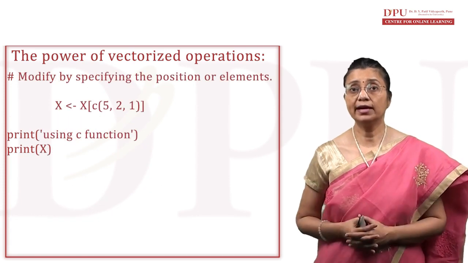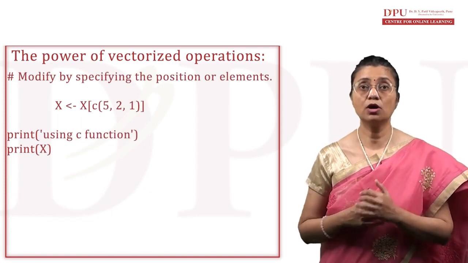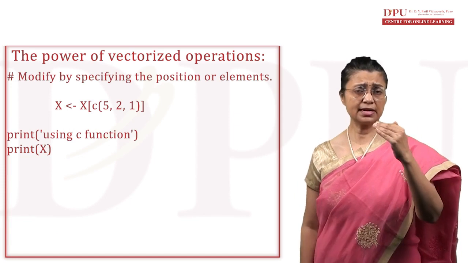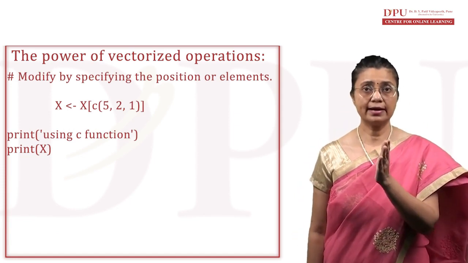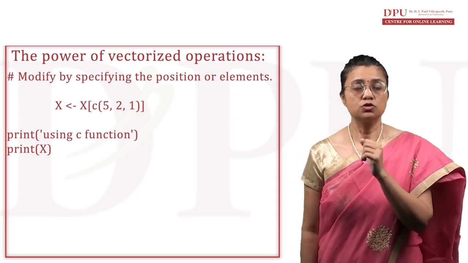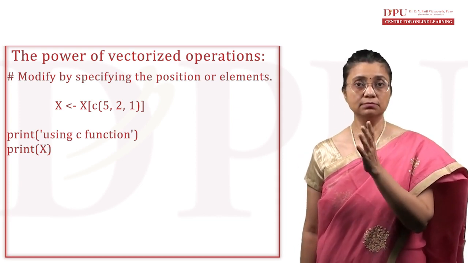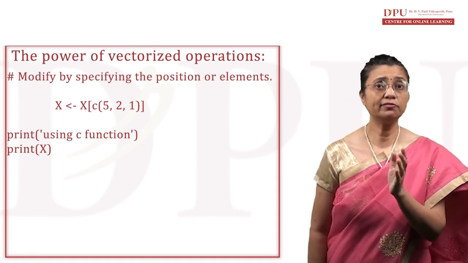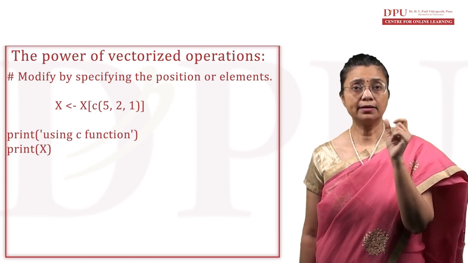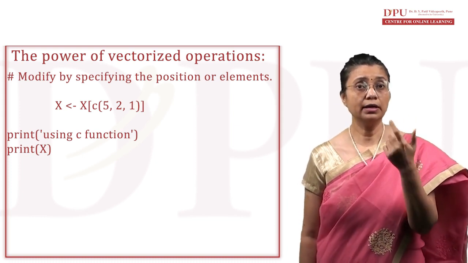Then we have modifying the specific position by element. So how do we do it? Just have a look at the third last line, which is x equals x, and within brackets I write c(5, 2, 1). So you will see that 5, 2 and 1 are the positions I am looking for.